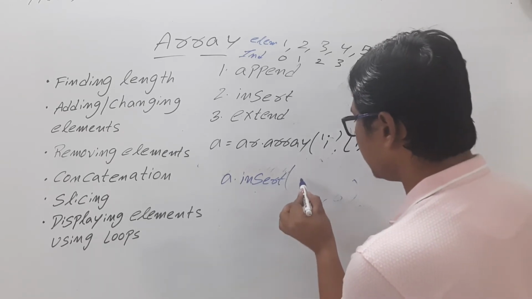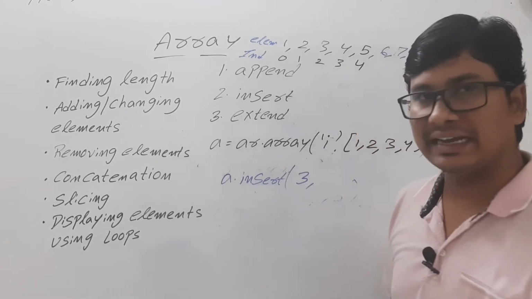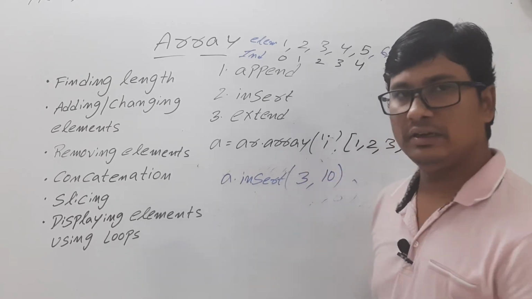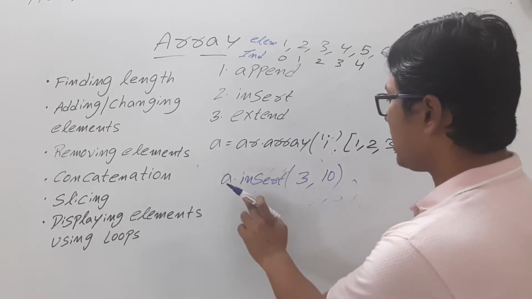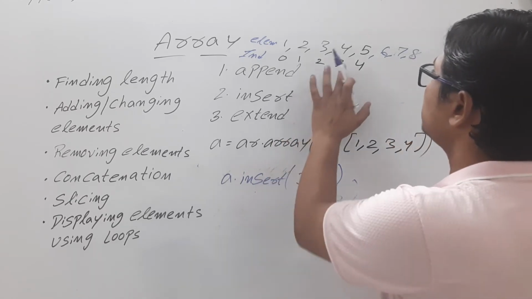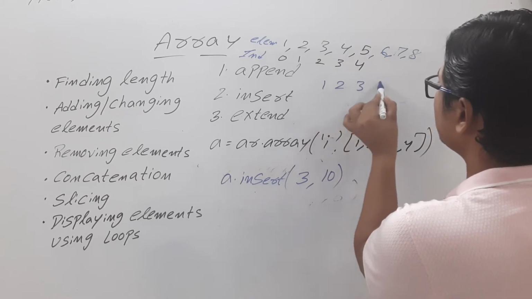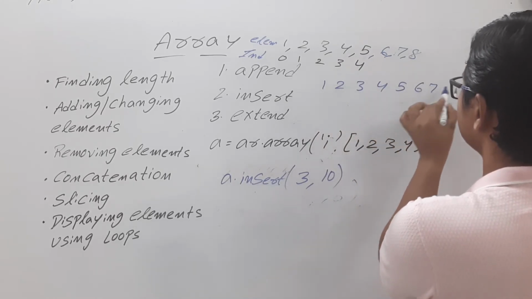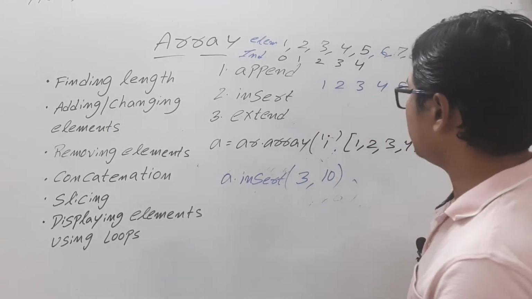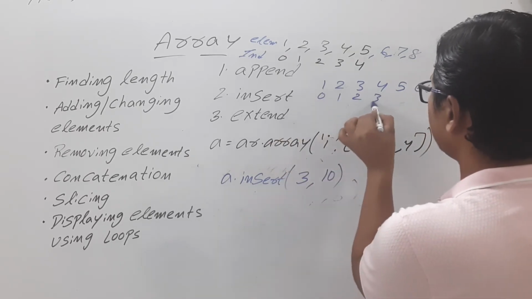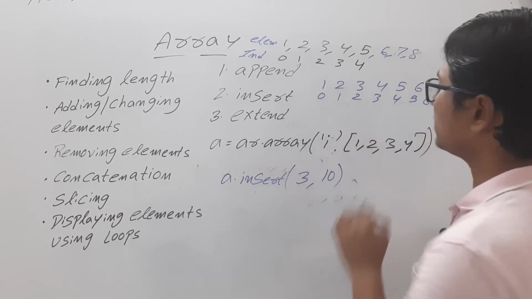Suppose let me give the index as 3. At the index 3, I want to insert a value called 10. If it is so, look here. At the index 3, what element is there? 4. So the elements currently are 1, 2, 3, 4, 5, 6, 7, 8. Now I want to insert the value 10 at index 3. These are the indexes.